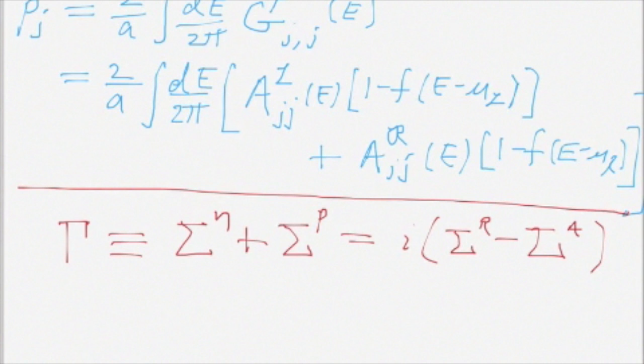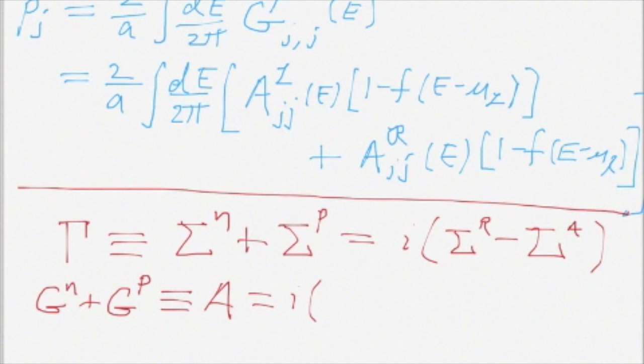That's the total density of states, right? So the sum of these two, Gn plus Gp, is your spectral function, which is also I times Gr minus Ga, which is also Gr gamma Ga.